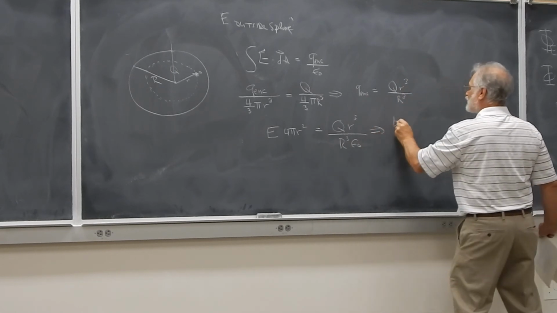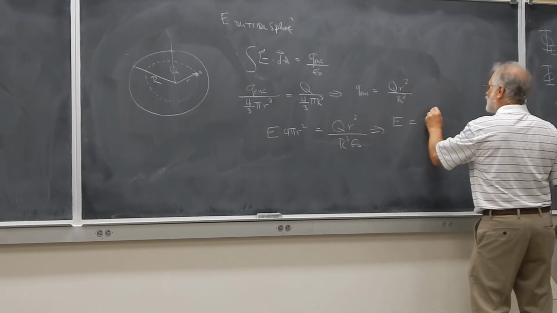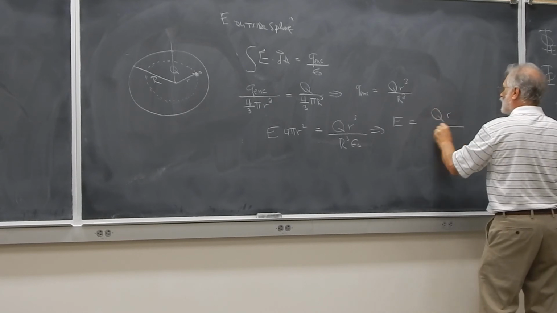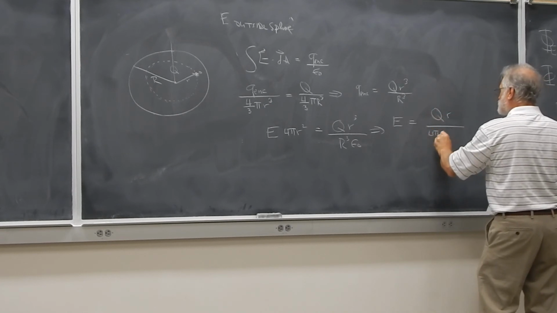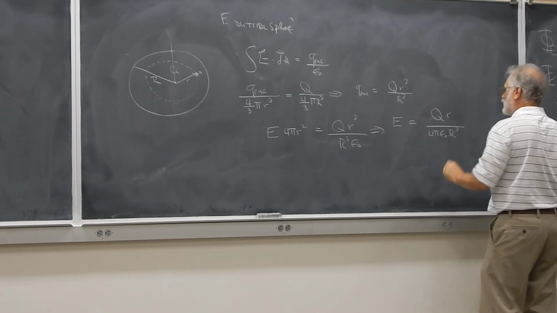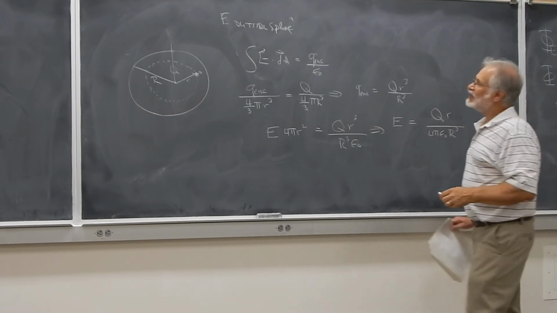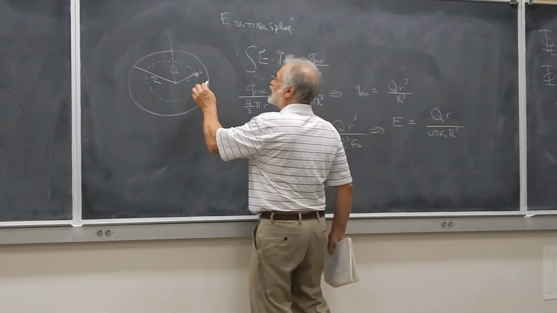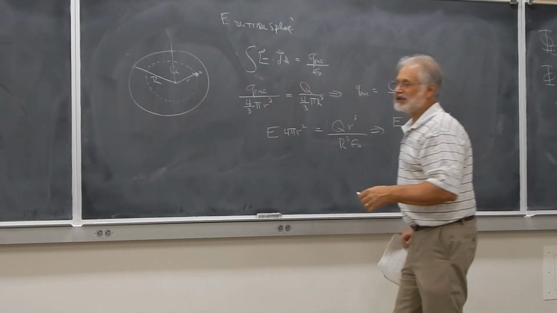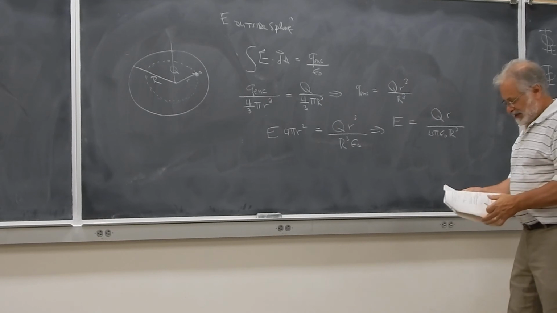And so my electric field then is just going to be Q r over 4 pi epsilon naught capital R cubed. So that's how you would calculate the electric field inside a uniformly charged, what we would call an insulating sphere.